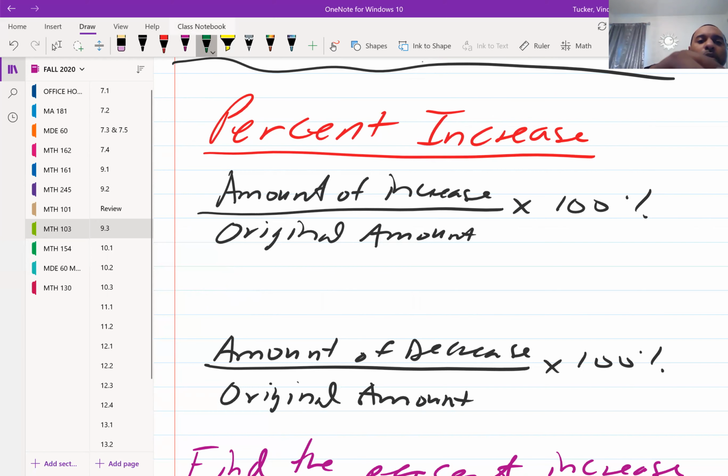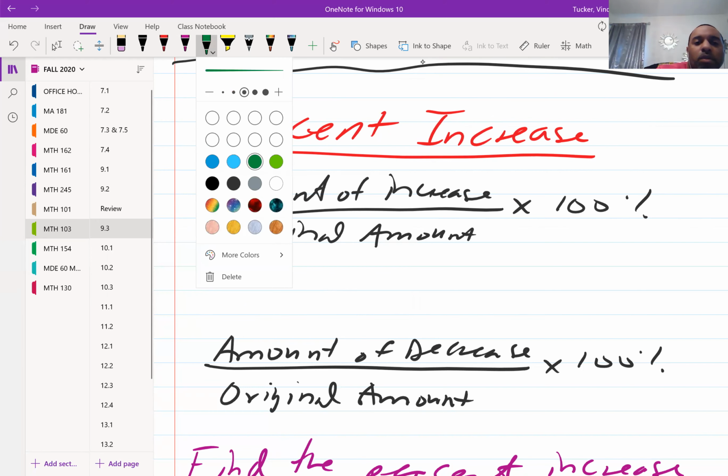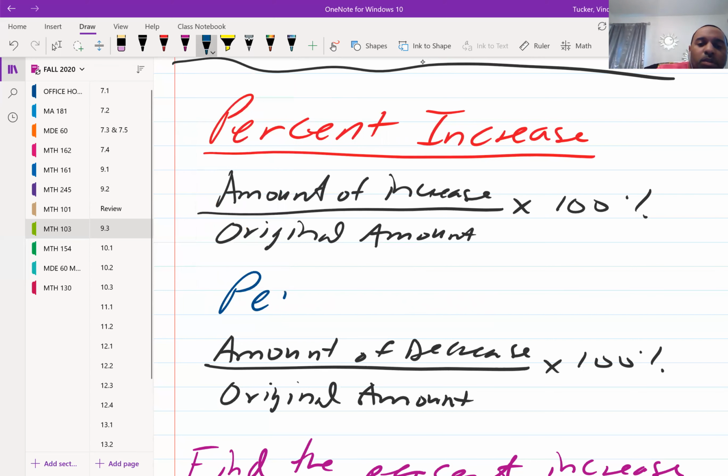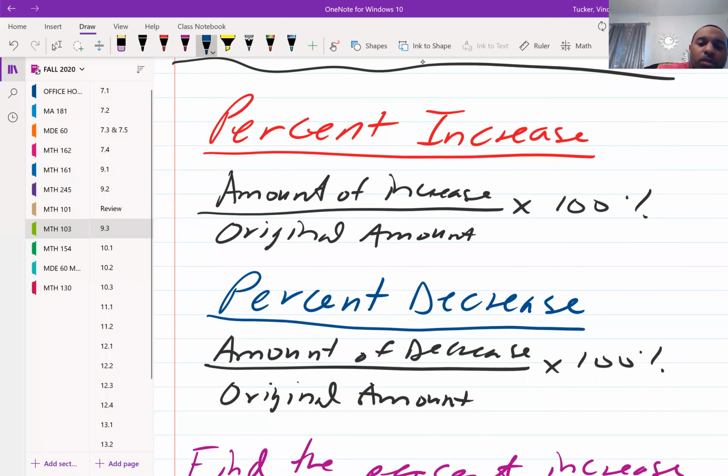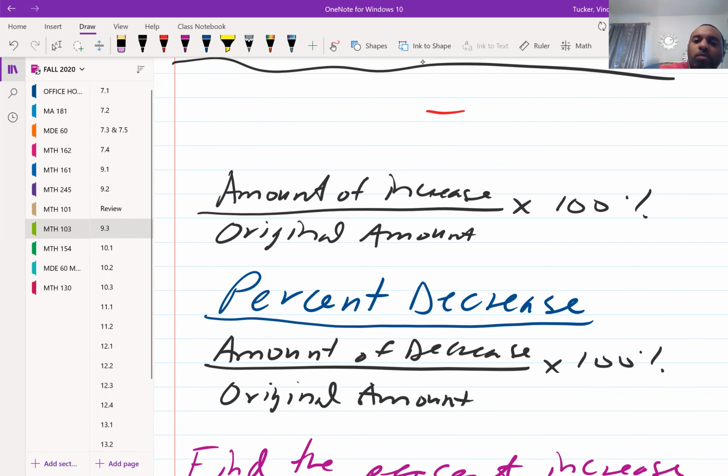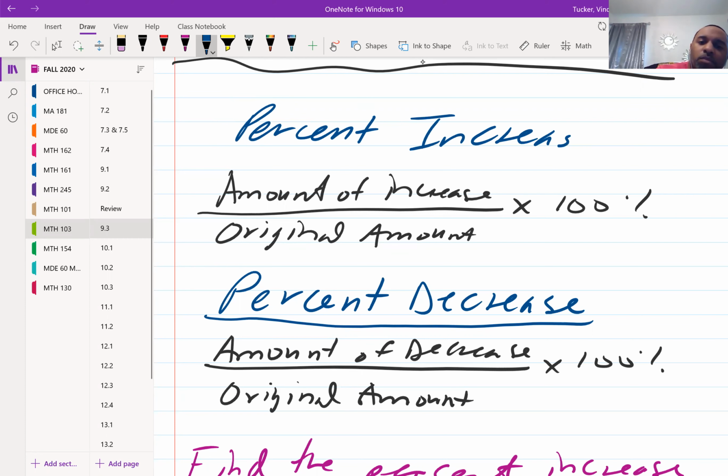Or maybe I should have done dark blue. All right.